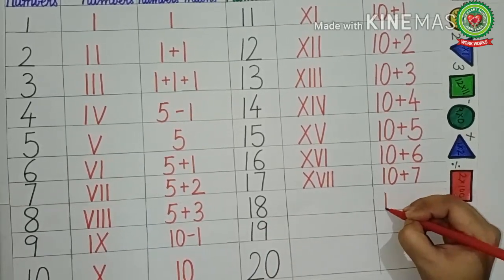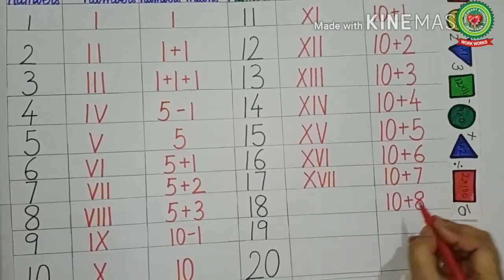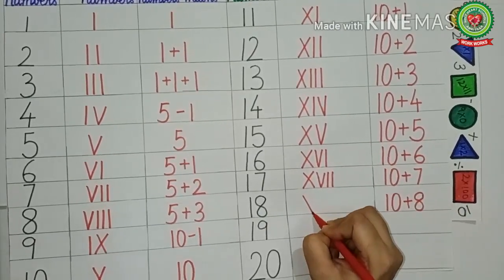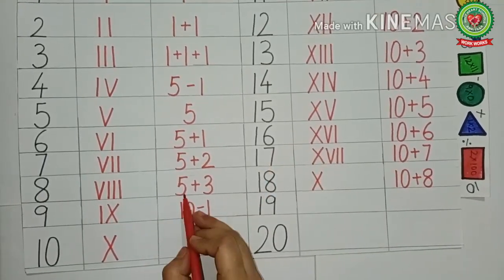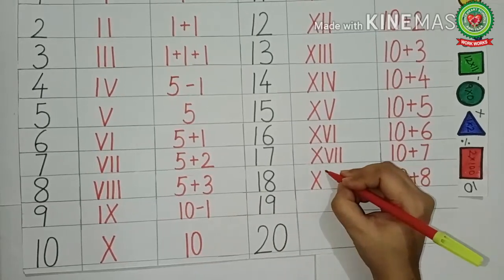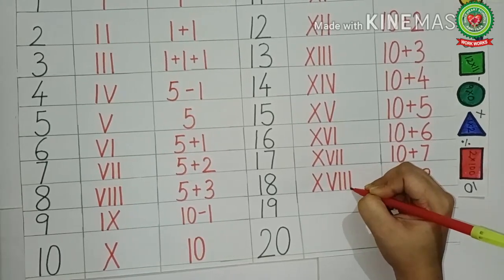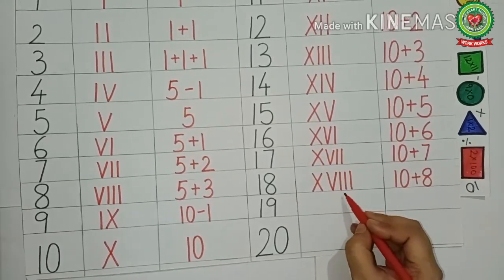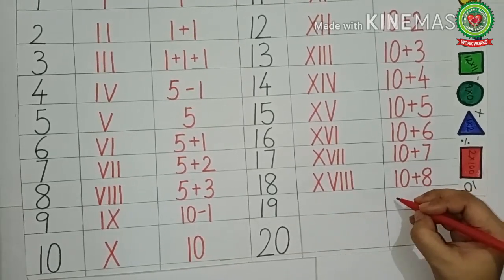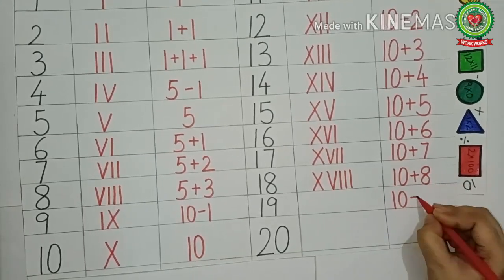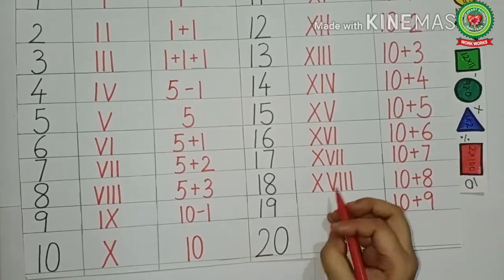Next is 18. How do we write 18? 10 plus 8. Now again how do we write 10? That is X. And again I have shown you how do we write 8? That is 5 plus 3. That means 5 plus I I I. So 18 is X, V, I I I. Next is 19. Again 19 means 10 plus 9. Now how do we write 10?